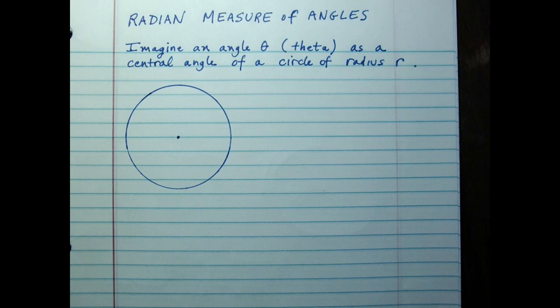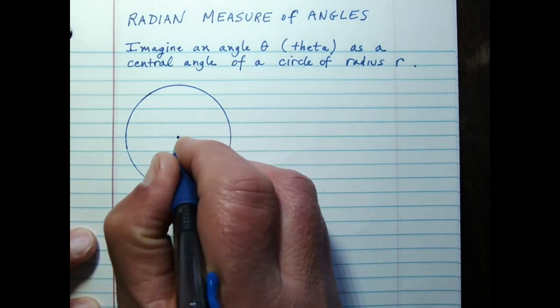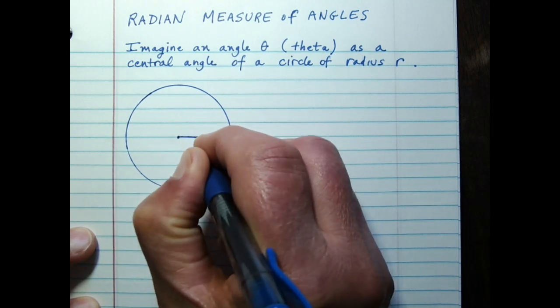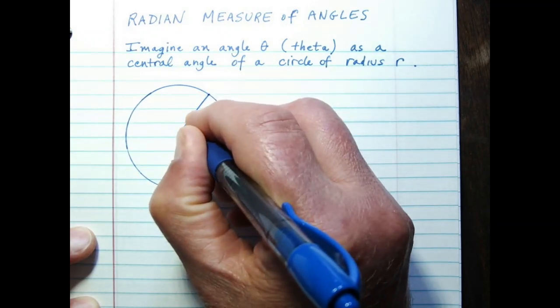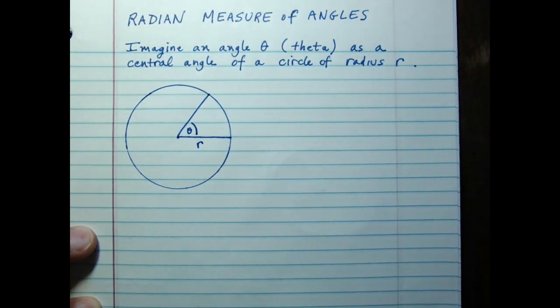We're going to imagine an angle theta as a central angle in a circle of radius r. So I have a picture here of a circle. Here's a radius. And I'm going to imagine my angle theta right here.